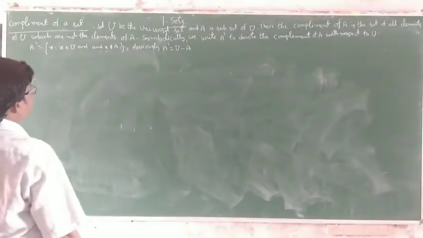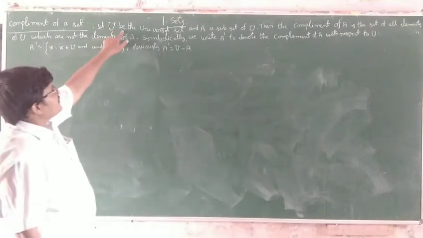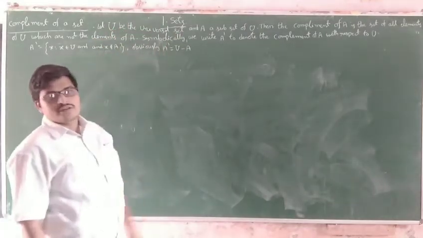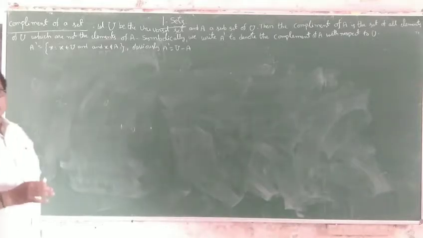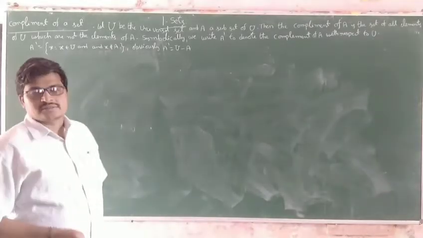Complement of a set is nothing but this: let U be the universal set. You know the universal set? This is the total set, the biggest set.